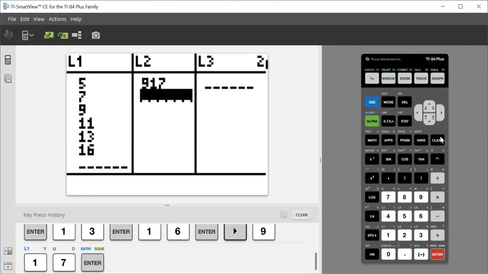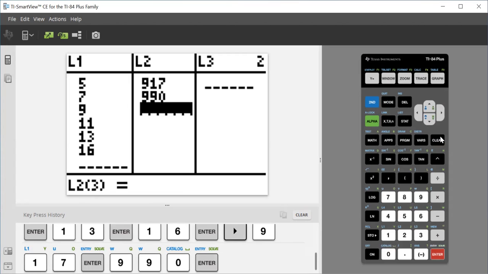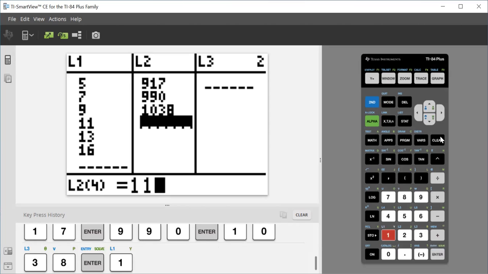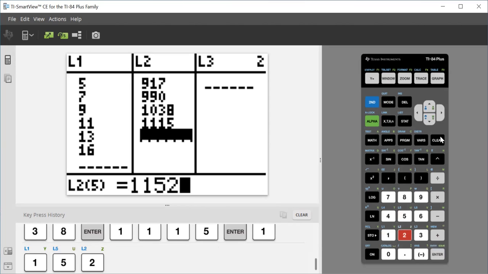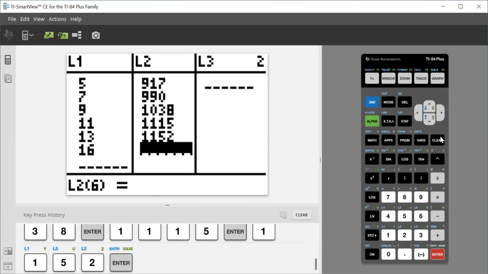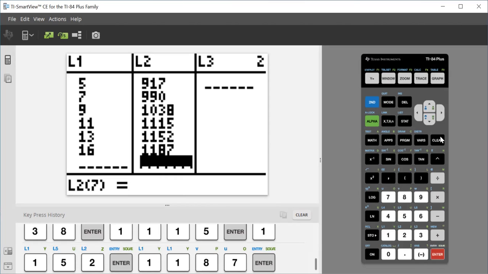So 917, 990, 1038, 1115, and 1152, 1187. So if your bottom 2 rows don't line up, that would indicate that you got off somewhere on your data input, and you should go back and double check that.